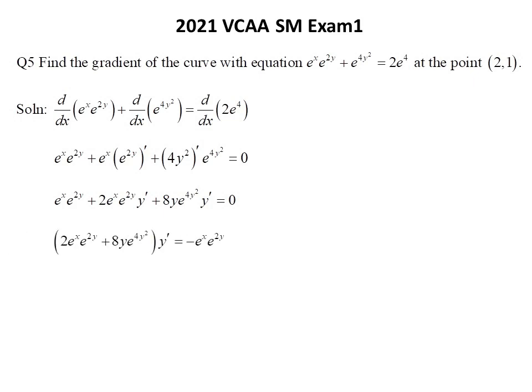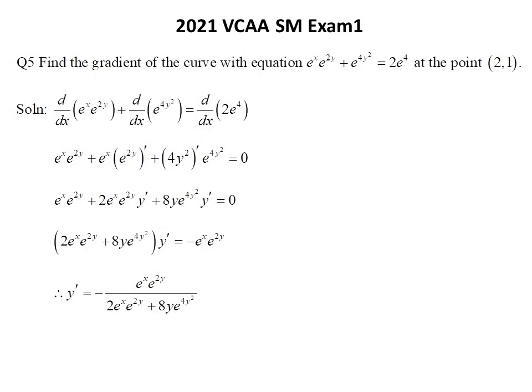Hence, after being further simplified, y prime equals negative e to the x multiplied by e to the 2y over the sum of 2e to the x multiplied by e to the 2y plus 8y multiplied by e to the 4y squared.